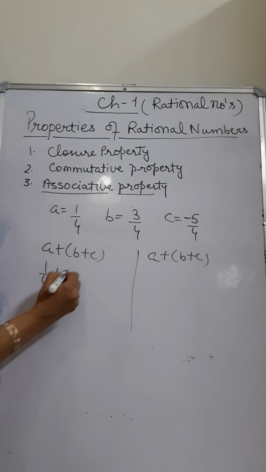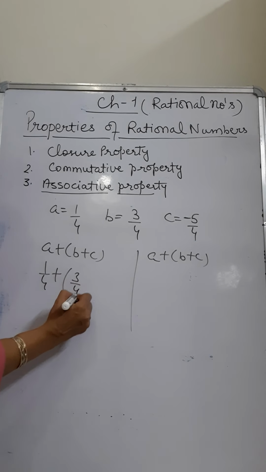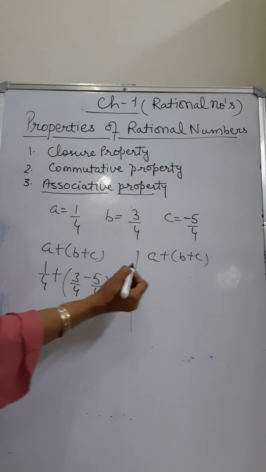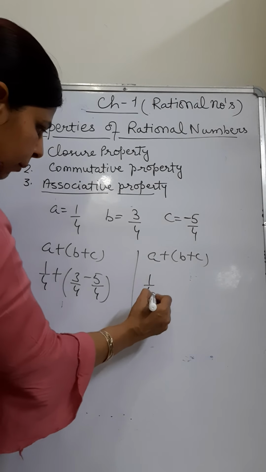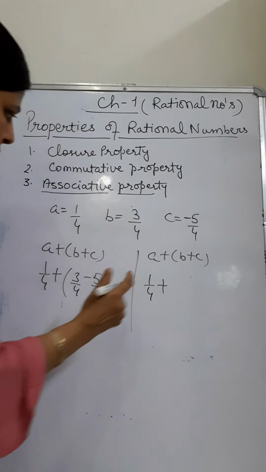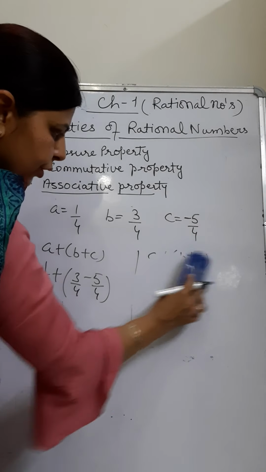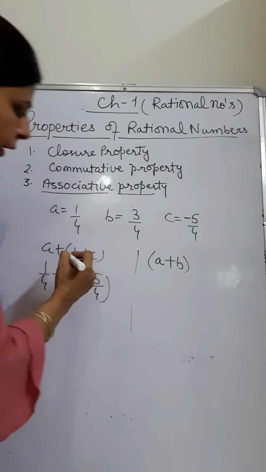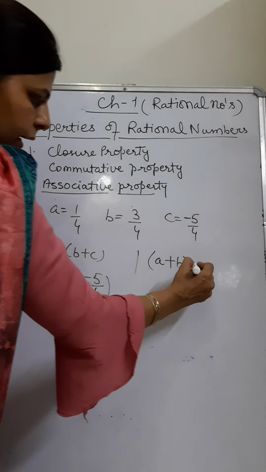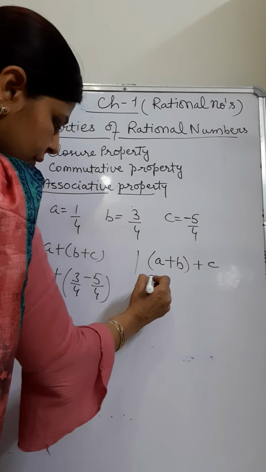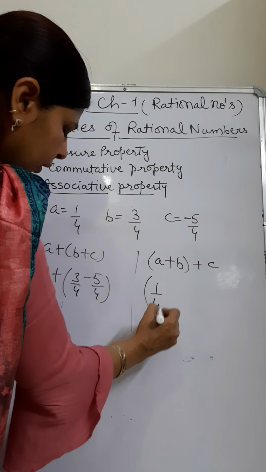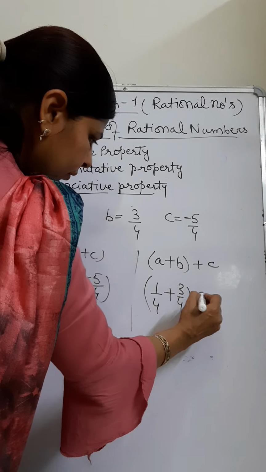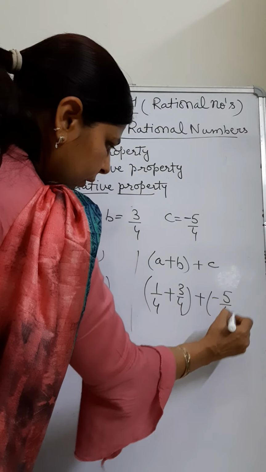Now 1 by 4, here 3 by 4 minus 5 by 4, because C is minus 5 by 4. Here 1 by 4 after changing their order. So I have to change the order. See here. Now I will add A and B first of all, then I will add C with them. See the arrangement.